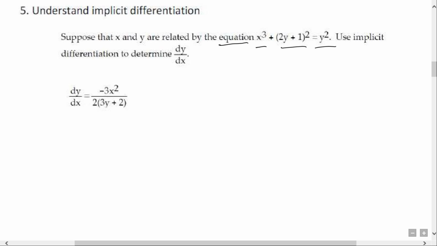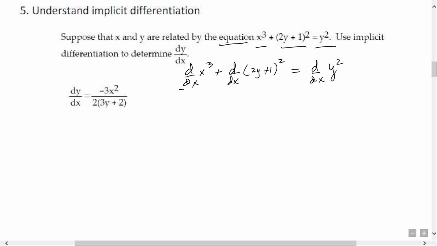To find dy dx, we take d dx of both sides of the equation. So for this particular problem, we're going to take d dx of x cubed plus d dx of 2y plus 1 quantity squared equal d dx of y squared.